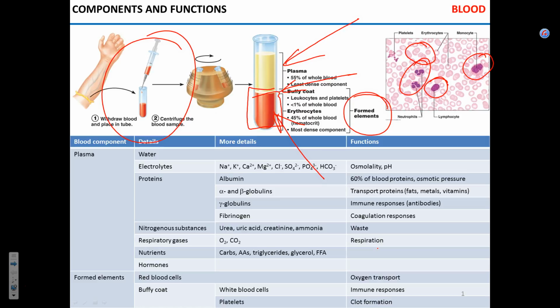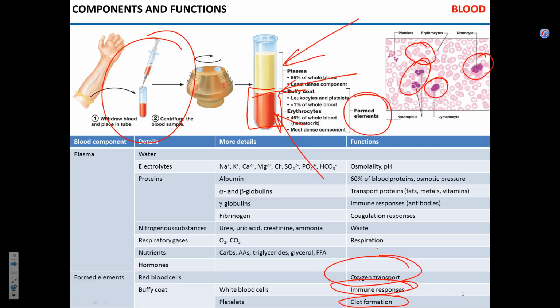Does that make sense? So the functions: you already probably know that the function of red blood cells is oxygen transport. The function of white blood cells is different types of immune responses. And platelets are responsible for the formation of a clot.